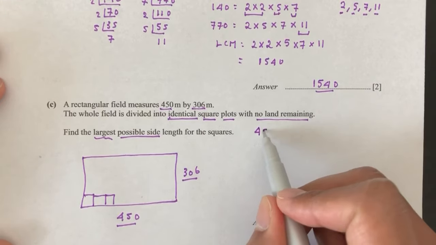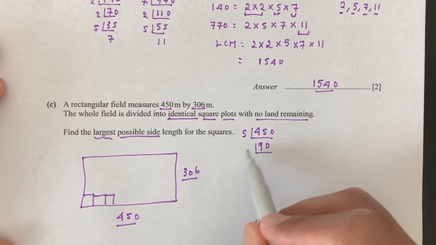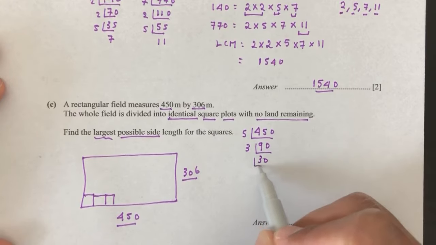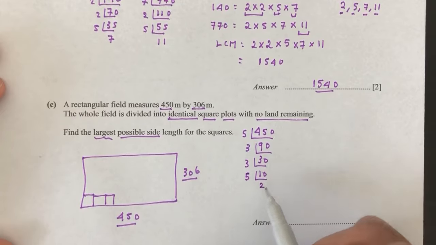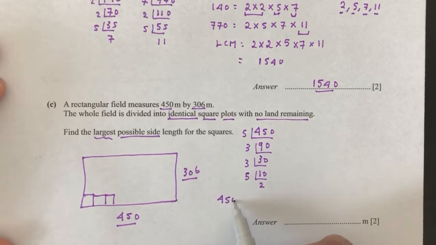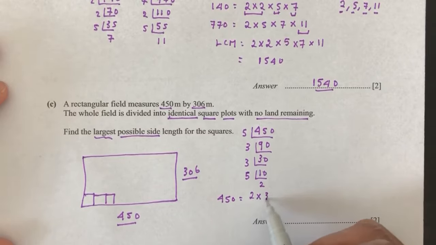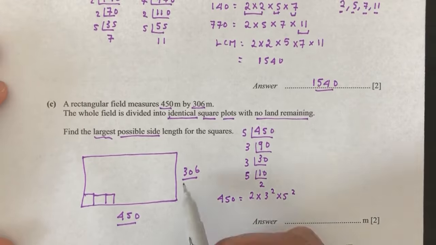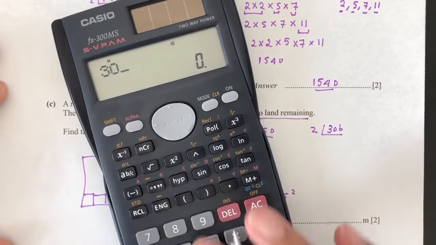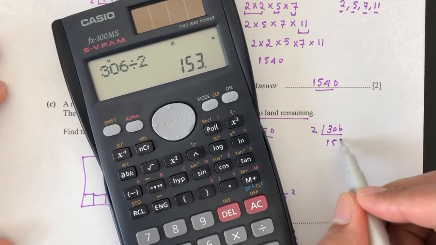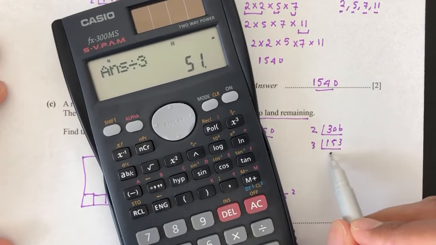So let's find out. 450, just divide by 5, that will be 90. Divide by 3, that will be 30. Divide by 3, that will be 10. Divide by 5, that will be 2. So 450 is equal to 2 times 3 power 2 times 5 power 2. And 306, what is 306? Divide by 2, 153. Divide by 3, 51.